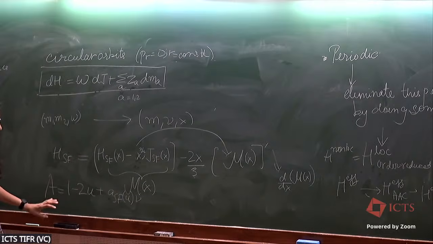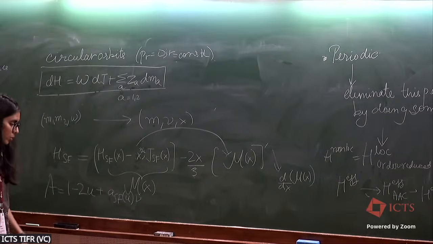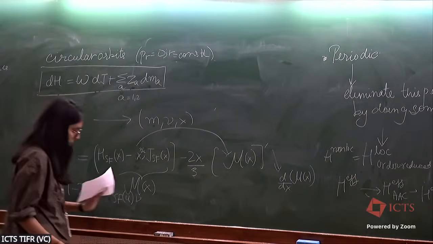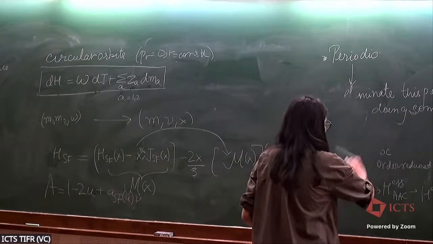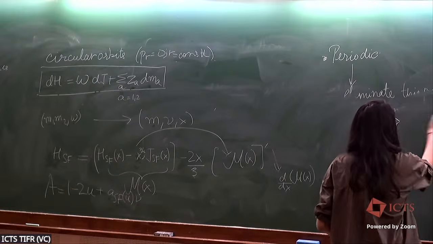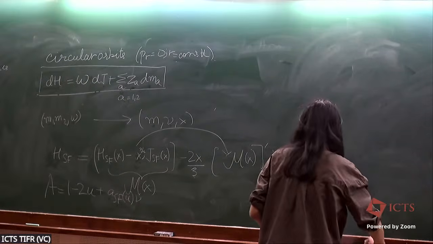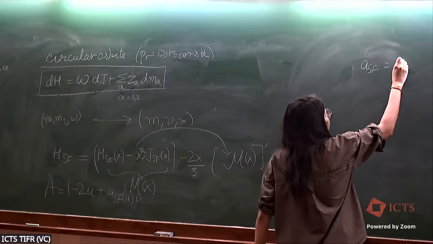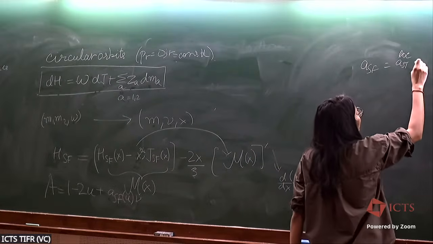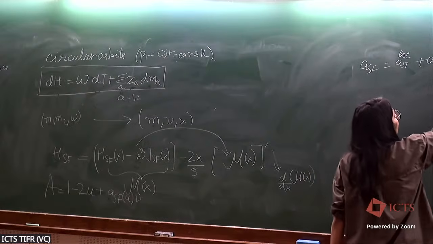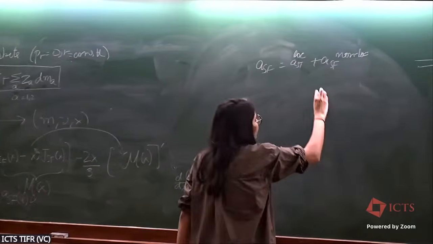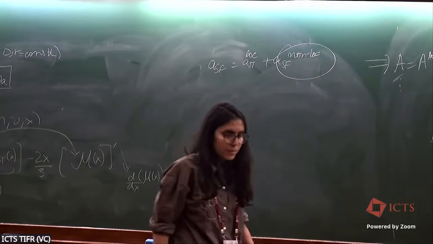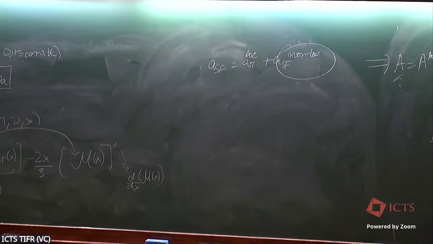So if we combine all these things, we should be able to obtain the self force correction to the metric potential A. And what we get from here is A self force as A self force local piece and A self force non-local piece. And this can be mapped to the PM results, and the other thing becomes the new information from the self force side. So that's what we do in the self force.